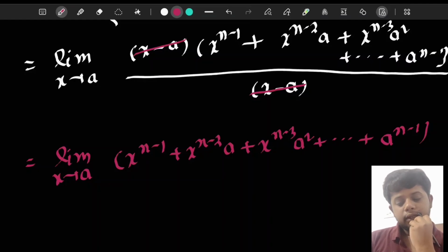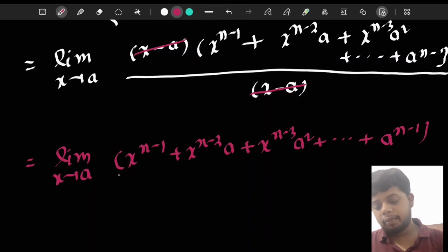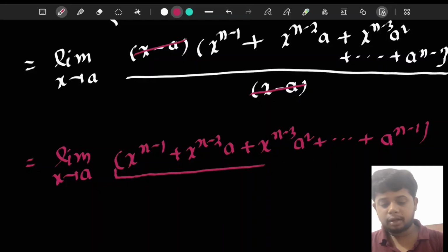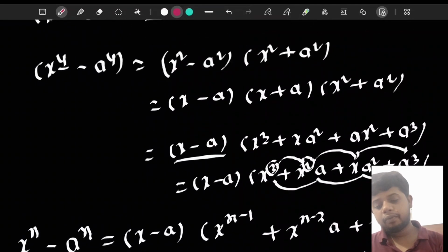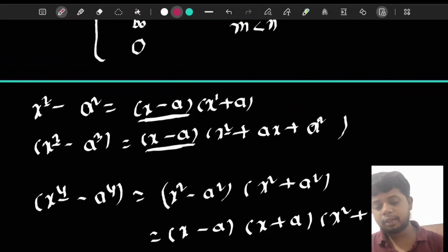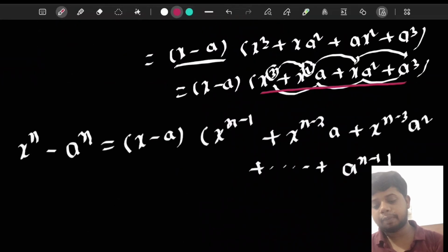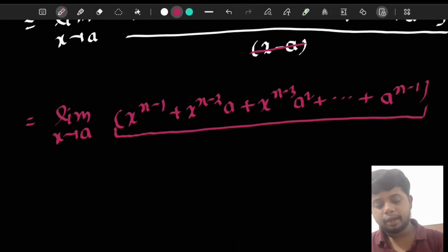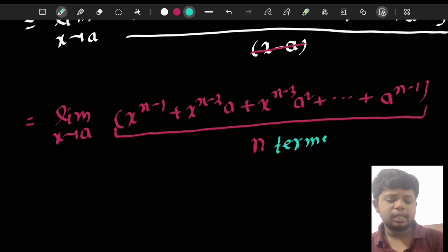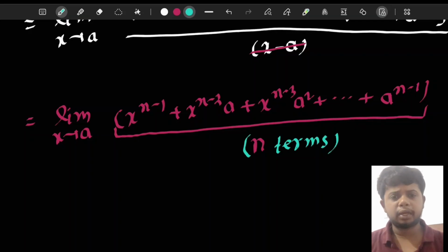Can you tell me how many terms are there? You'll say, sir, when x power is 4, here I'm getting 4 terms. When x power 3, I'm getting 3 terms. When x power 2, I'm getting 2 terms. That means when x power n, I'll get n terms. Correct. Here I'll get n terms only.